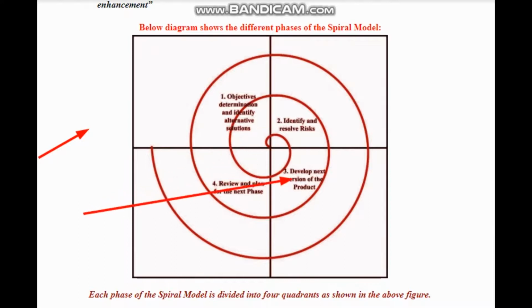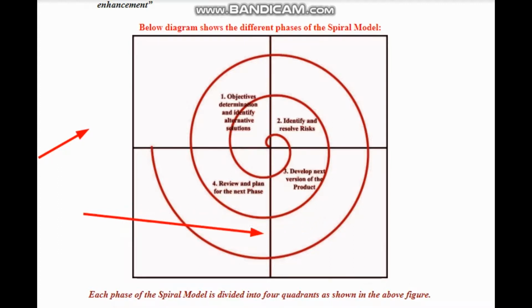And in the third phase, whatever prototype has been developed, we go for its designing, coding and testing. We also go for validation and verification here. So this is a major quadrant, you can say. After collection of requirements, finalizing the requirements and developing the prototype, in this quadrant you write the code, make the design, and go for testing.